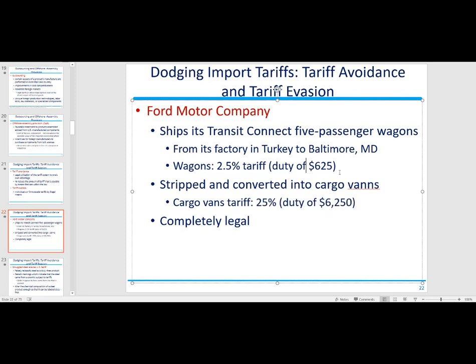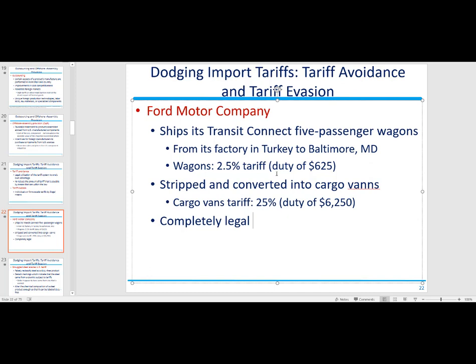Now, what Ford Motor Company does is to produce wagons in Turkey and then ship them to Baltimore. And they ship them as wagons, not cargo vans, because the tariff on wagons is 2.5%. So they end up paying just $625 in tariffs per wagon imported instead of cargo vans.